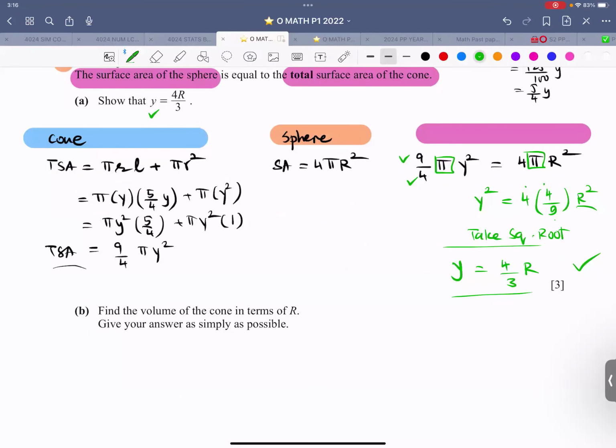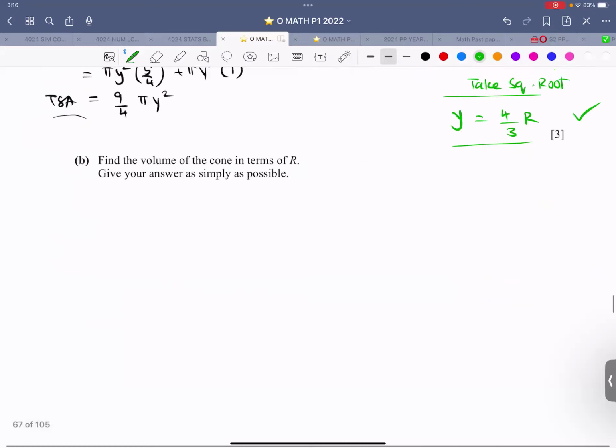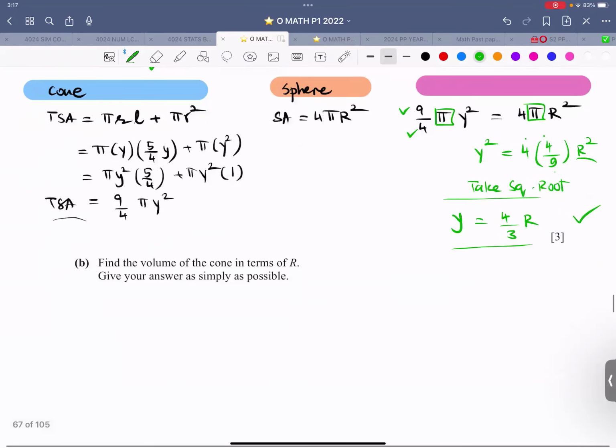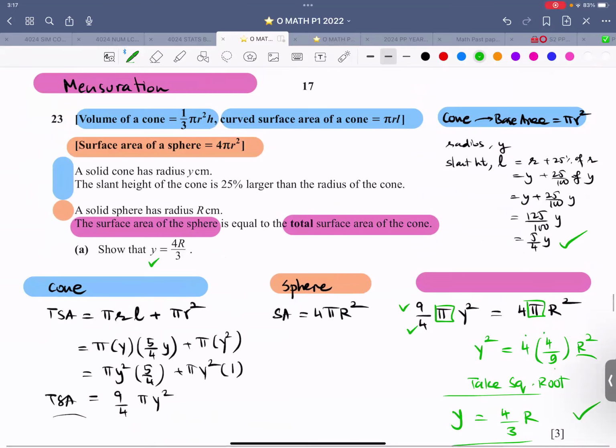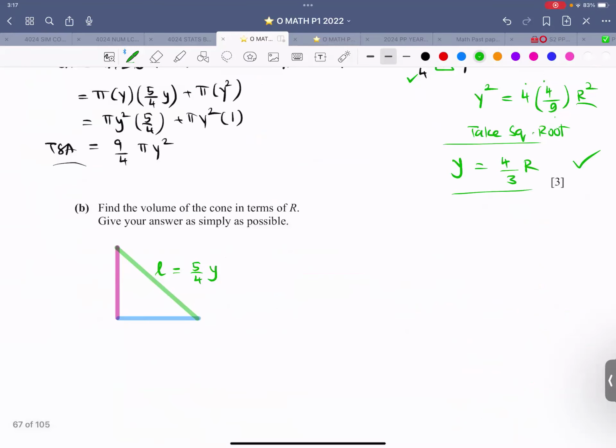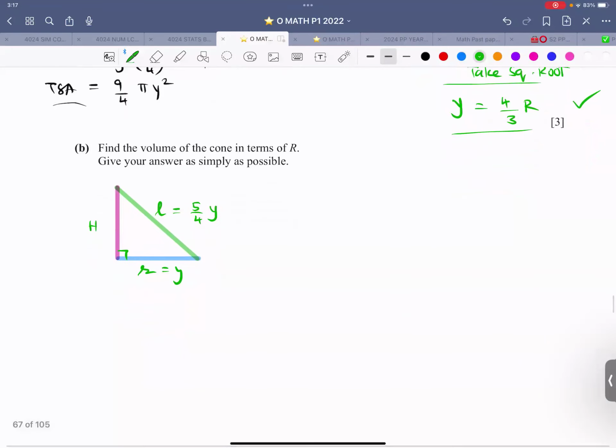Find the volume of the cone in terms of r. Now, this is for 3 marks and this is for 4 marks. That means I need to draw a small diagram. In a cone, the cross section, there are 3 lengths that we are talking about. There is a slant height, which is given as 5 over 4 y. That's right over here. There is the radius, which is given as y. And there should be a height, and they are linked by Pythagoras theorem.